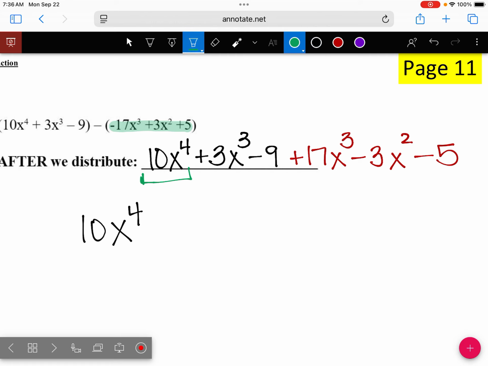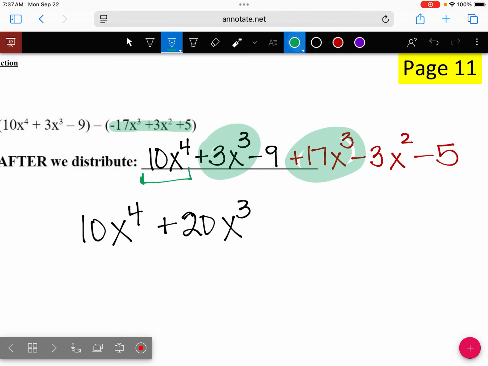Now we do have 2x cubes. So it's positive 3 and positive 17, which gives you what? Positive 20, good. X cubed, don't change your exponents.